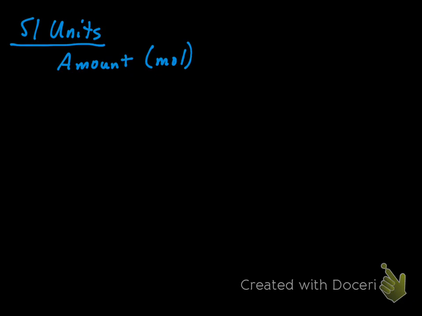So it's common to speak in terms of SI units. These are a set of standard units that people use, and these units correspond to different physical properties that you might be able to measure. So we'll start with every chemist's favorite unit, which allows us to quantitate the amount of something. And this is the mole. The mole is almost like a dozen, right? It refers to a number of things.